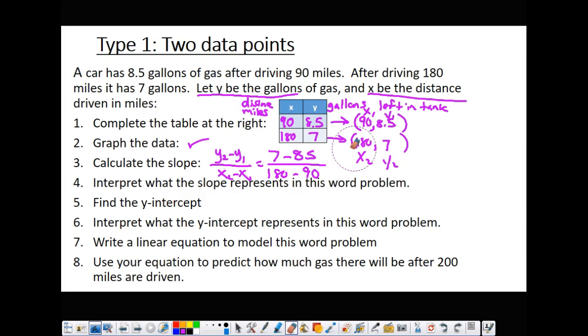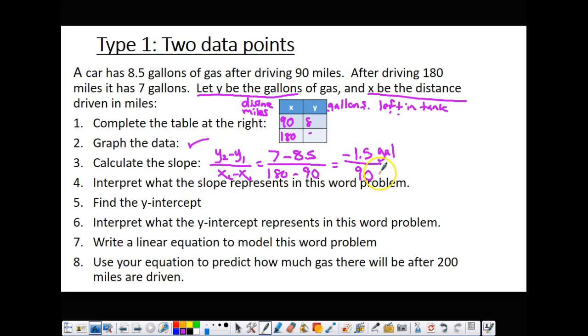I'm going to have to erase here because I'm out of space. So we get negative 1.5 over 90. Now, what are these top numbers again? What do these represent? Gallons, right? So those were gallons.